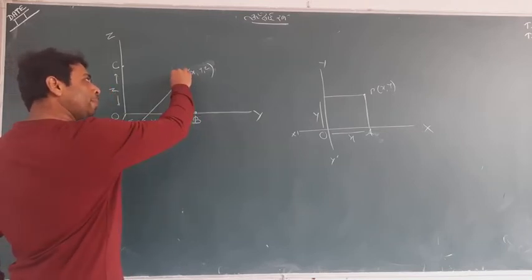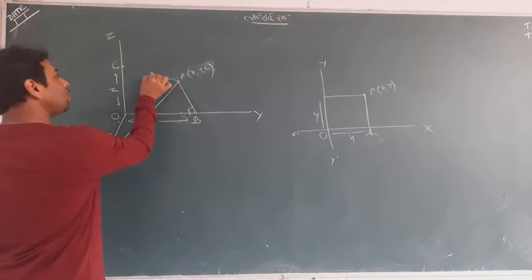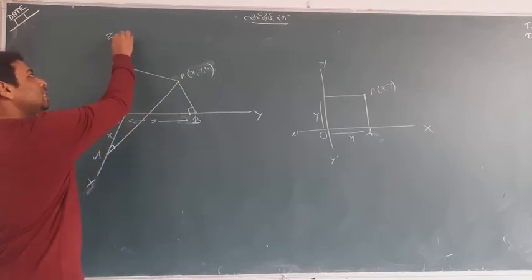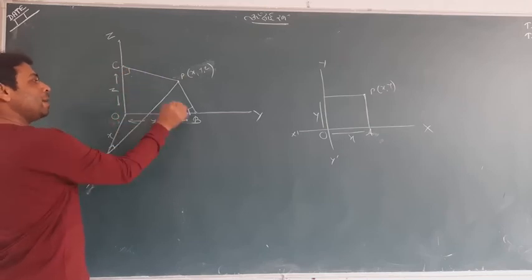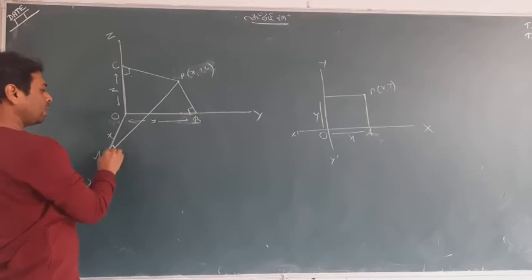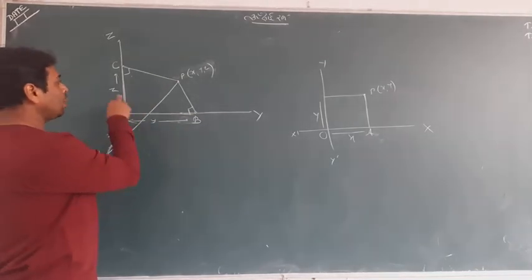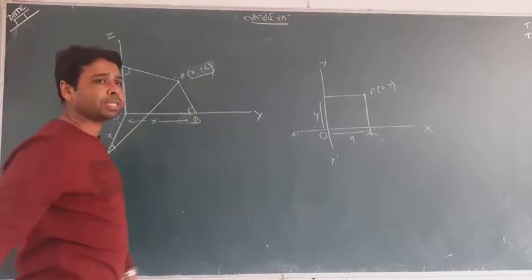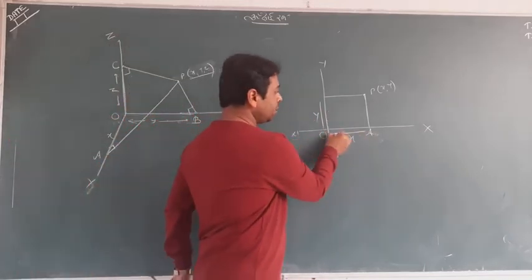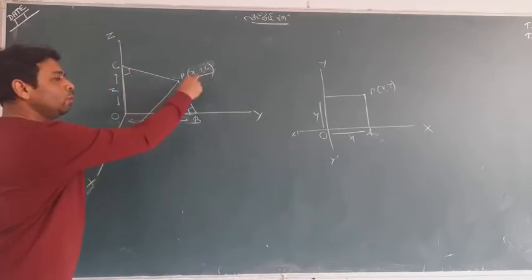I again draw the perpendicular from P to the y-axis like that, and again the perpendicular from P to the z-axis like that. These are perpendiculars, guys, and the intercepts cut by these perpendiculars on the x-axis, y-axis, and z-axis will be equal to small x, small y, small z, and it forms P(x, y, z) like that.